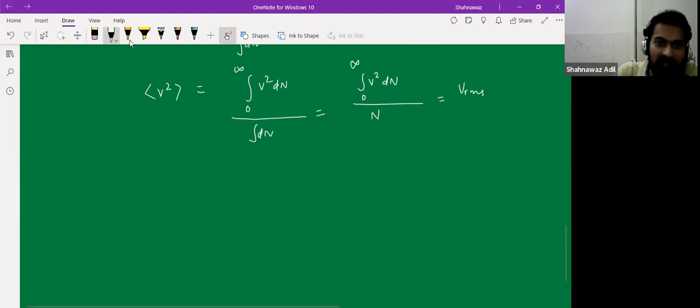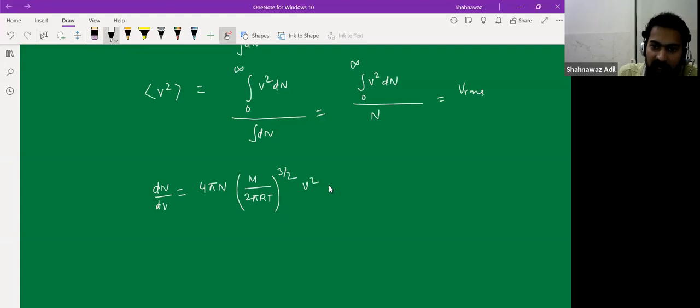So to calculate that, we have dn by dv, which was 4 pi n, m by 2 pi rt to the power 3 by 2, and then v square, e to the minus m v square by 2 rt, right, guys?